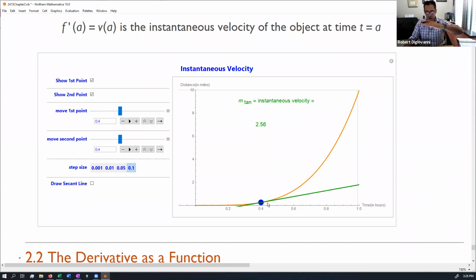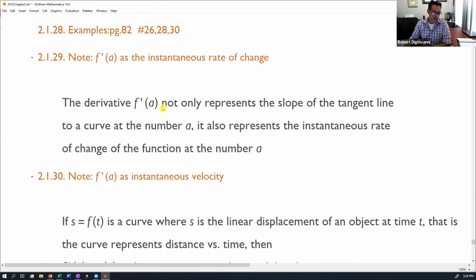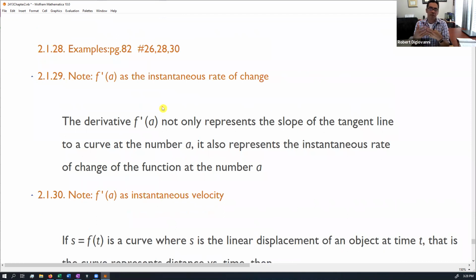That means at this point during the trip, you're not traveling very fast because your instantaneous rates of change are always small. But as you move further into this trip, you can see that at the end of the trip, you were going faster because your instantaneous rate of change, the slope, was greater. And so that's the correlation for that last note: if your original function is a position function, your derivative will always represent velocity. Okay, that's the big takeaway there.